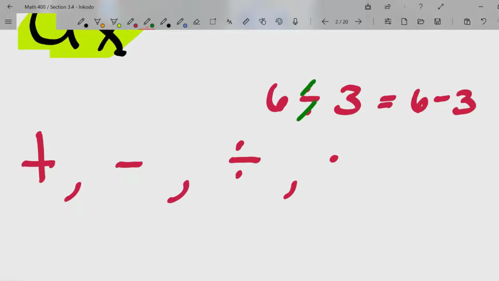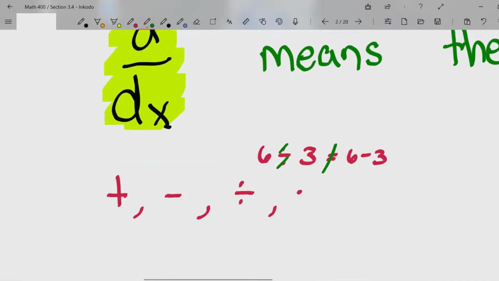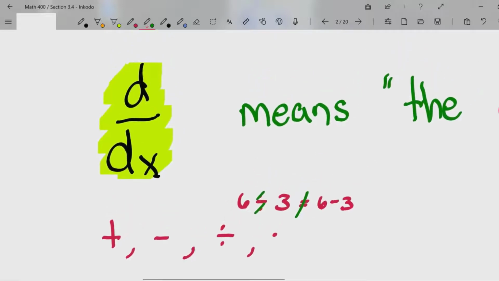You can't cancel parts of an operator. That just doesn't work out. So this is totally not right. You can't just pull pieces of an operator apart. You can't cancel these d's, for example. That's illegal.